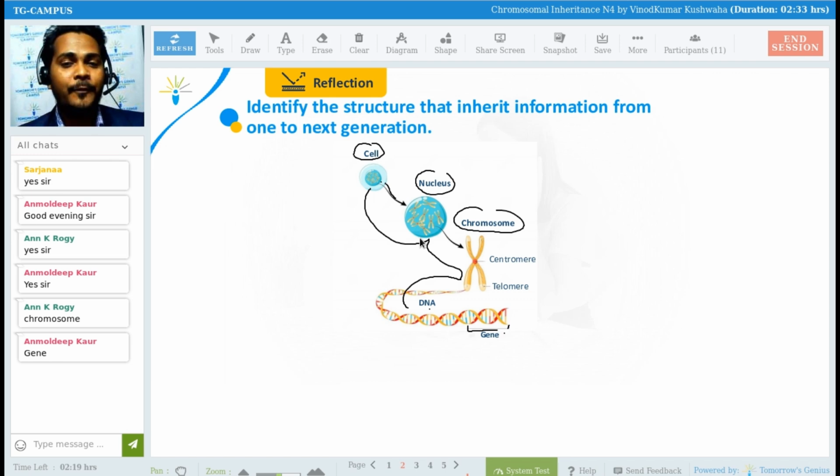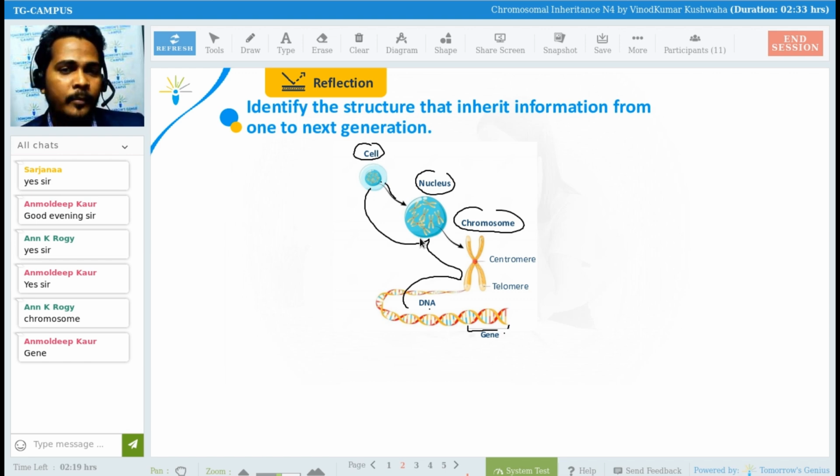Absolutely. That's why today's topic is the chromosomal theory of inheritance. We're going to learn how the chromosome transfers the genetic information from one generation to the next. So please keep in mind that the chromosome is the structure that inherits information from one generation to the next, because we have already studied this concept in lower standards, from the 8th, 9th standard, right?